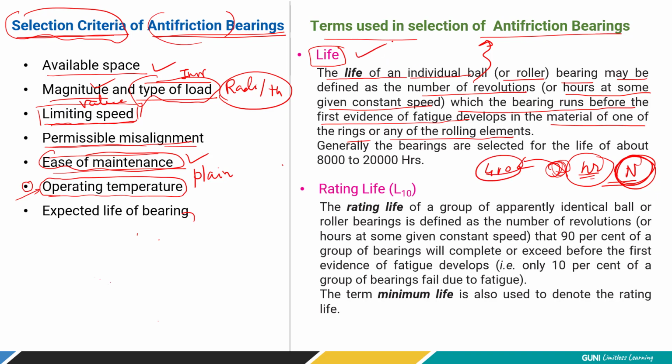So generally bearings are selected for a life of about 8,000 hours to 20,000 hours continuously. If you divide this 8,000 by 24 hours, it is equal to 3,300 days. So a bearing must continuously work for 3,300 days for a given constant load and constant speed.